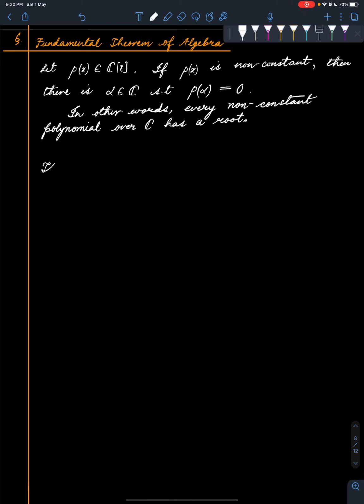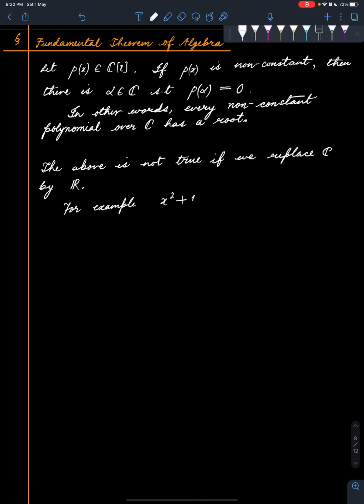And the above is of course not true if we replace C by R. So not every non-constant real polynomial has a root. So for example, x squared plus 1, when thought of as a polynomial over real numbers, does not have a real root.